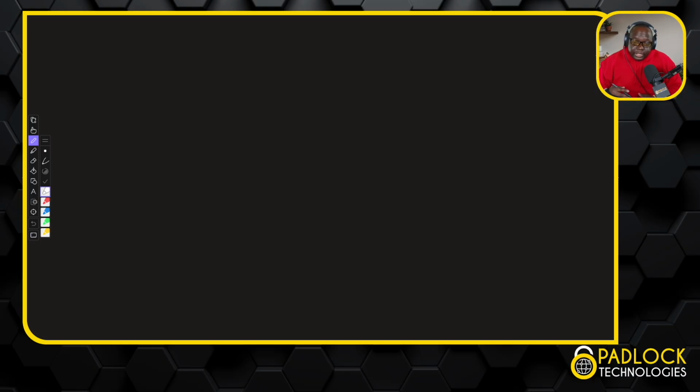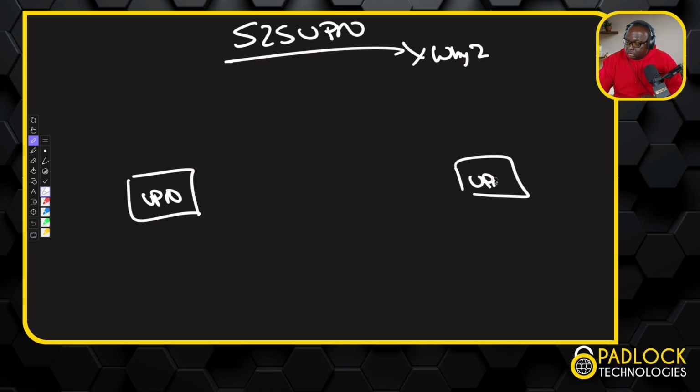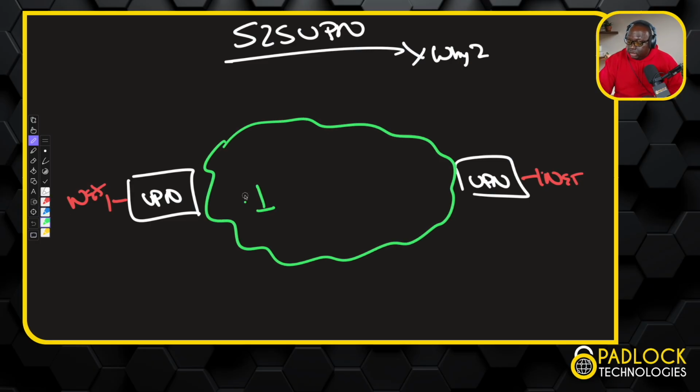So let's get to the whiteboard here. Let's start talking about site to site VPNs. So the first thing you need to know is the why. Why are we even doing this? The whole purpose is we're going to have a VPN head end over here, a VPN head end over here, a private network over here, a private network over here, and then we have the internet.